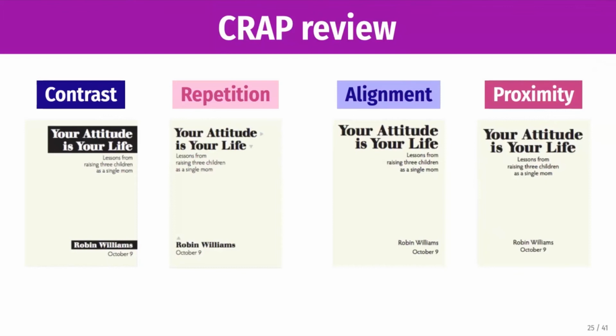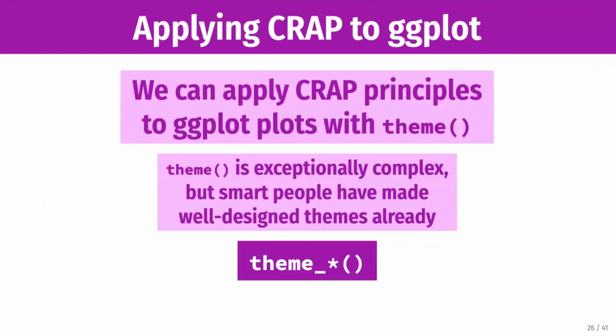And these are kind of the core graphic design principles, easiest to remember ways of making pretty things. So applying this to the ggplot world, you can actually make it so that the plots you make follow these same principles. You want to have good contrast, repetition, alignment, and proximity in ggplot plots. And the way you do that is with the theme function.